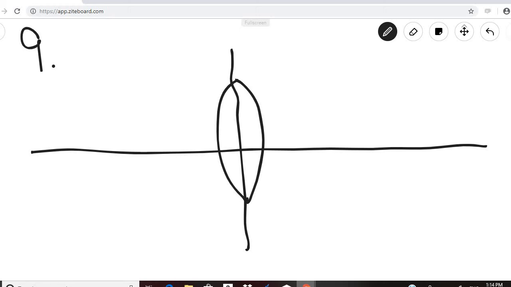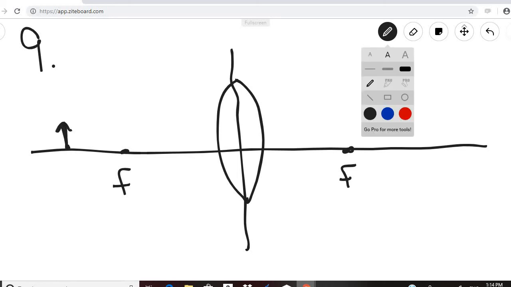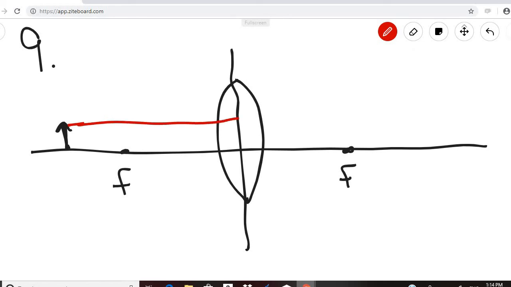So our focal points were at 8. Okay, so we'll say this is an F, and this is F, and then we'll put our object here at 12. First of all, it's going to go in horizontally, and then it's going to converge through that focal point.